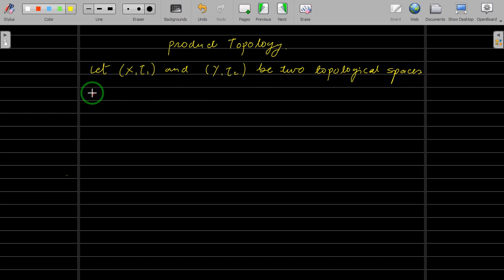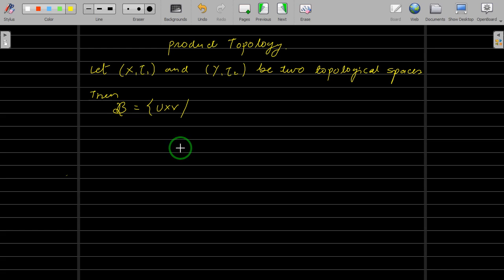Let us take B as the set of all U cross V. Now, from where will this U come and from where will this V come? Understand what a Cartesian product is. If you don't know it, please check what a Cartesian product is, because you can't do anything in the further part where the Cartesian product is involved.